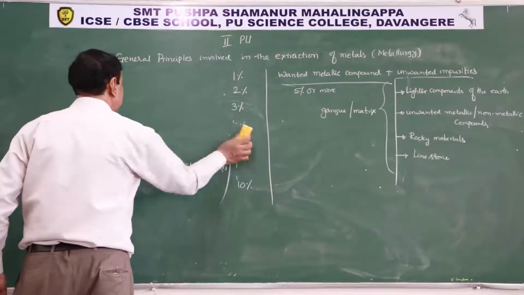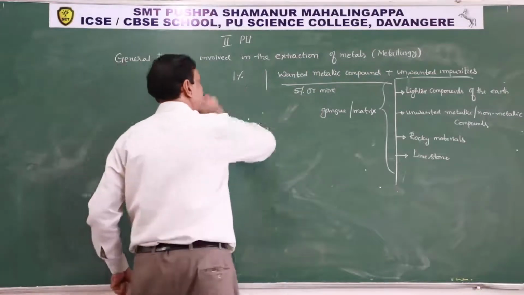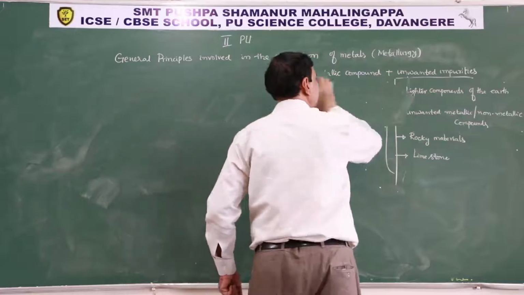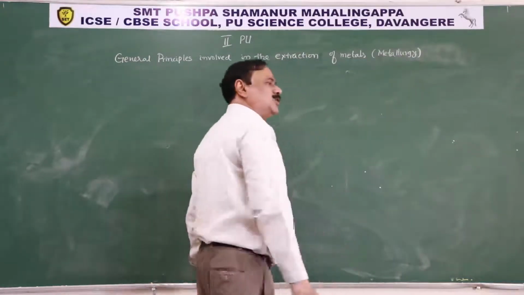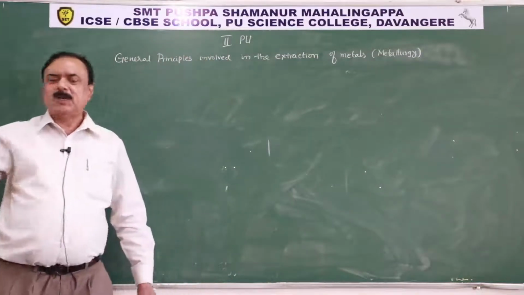Gangue particles, or impurities, or matrix, mean the unwanted components of the earth's crust which are associated with the given metallic compound.